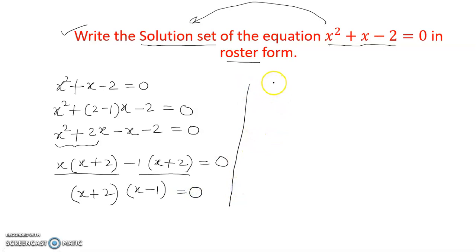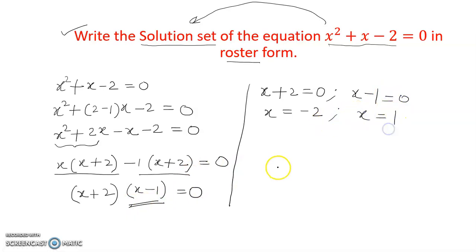I'm going to put both these factors one by one equal to 0. If I put x plus 2 is equal to 0, I get x is equal to negative 2. In the same way, when I put x minus 1, which is this factor right here, equal to 0, I'm going to get x is equal to 1.